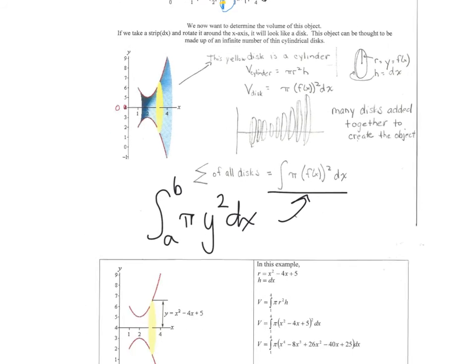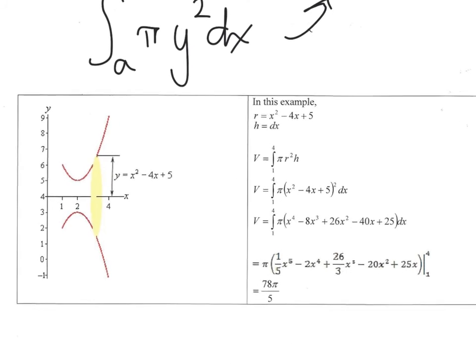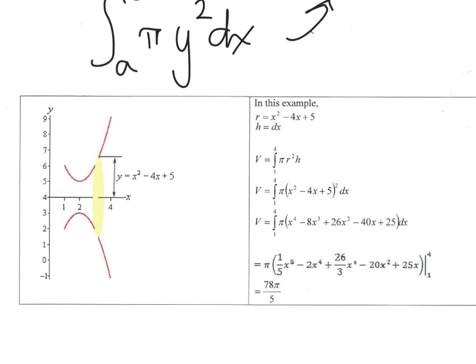And if we continue to apply that to our problem, remember, here is our original graph of x squared minus 4x plus 5, and we wanted to go between 1 and 4.